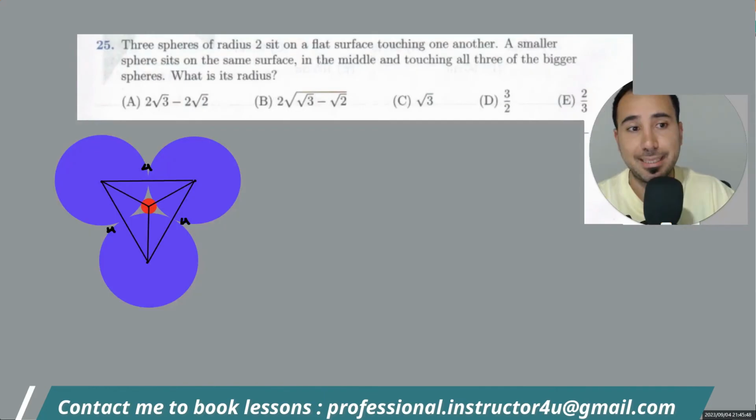In the previous question, we used that if all of this is H, so for example, from here to here, if we call that H, then from this point to this point will be 2/3 of H.